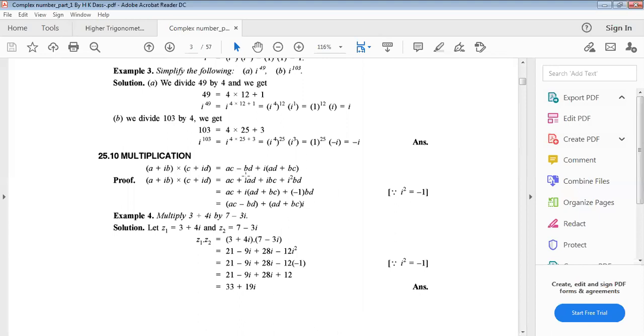Just multiplying and using i square equals minus 1, we get ac minus bd plus (ad plus bc) into i. That looks like a plus ib. This is why it is also another complex number.